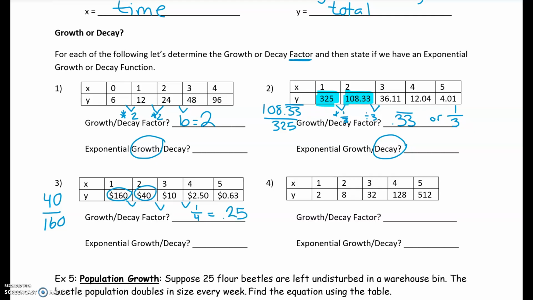This b value here is between 0 and 1, so we know that this is a decay. All right, now number 4 here, we're going to go from 2 to 8, 8 to 32. So if we want to keep that same practice in place, we can take this 8 and divide it by the 2, and we're going to see that this b value here is 4. Okay, b values that are greater than 1 tell us we have exponential growth.